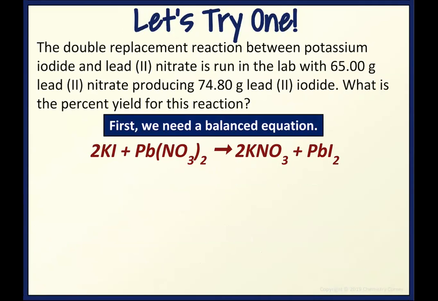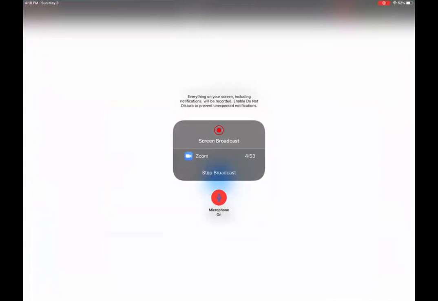Okay, so we actually made the equation. And then actually, let's go back and do that on the whiteboard. To make the equation, so you know what that means. If you have a problem like this, we need potassium and iodine.